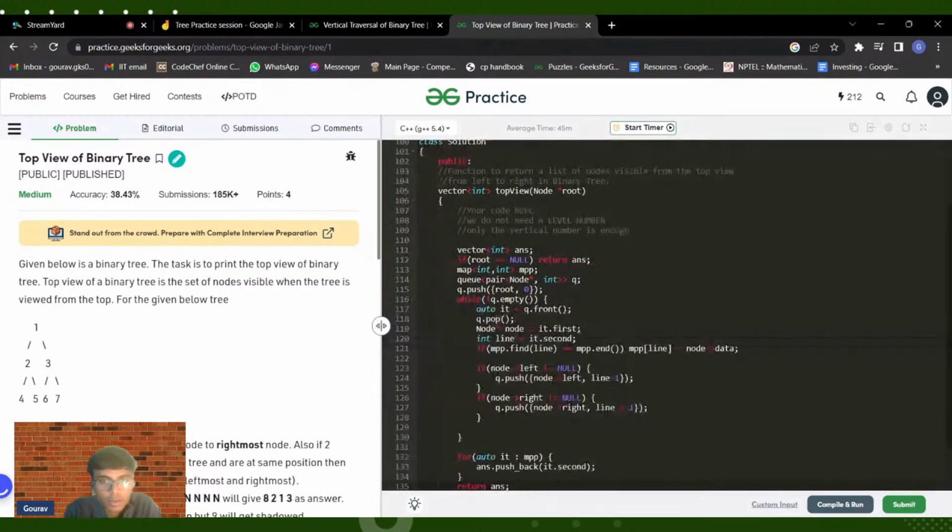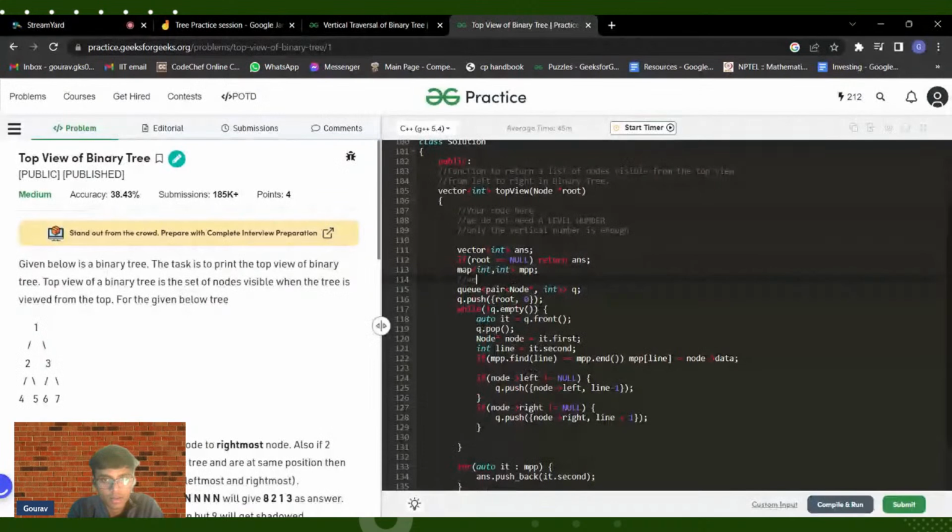So in this case, declaring just a simple map would be enough. The first parameter of the map is containing the vertical. And the next parameter of the map is containing the first node of the vertical. Yes.